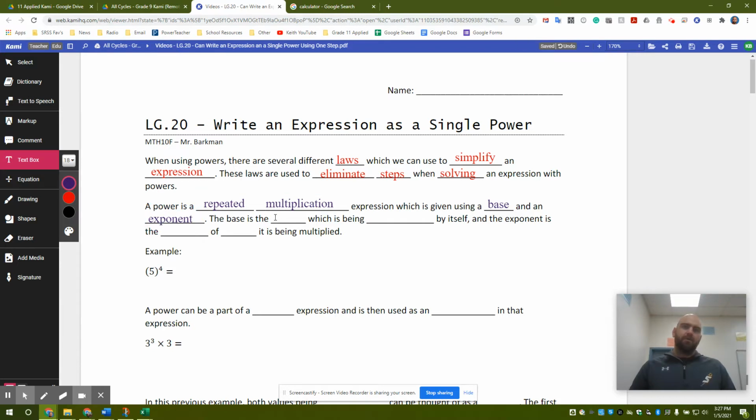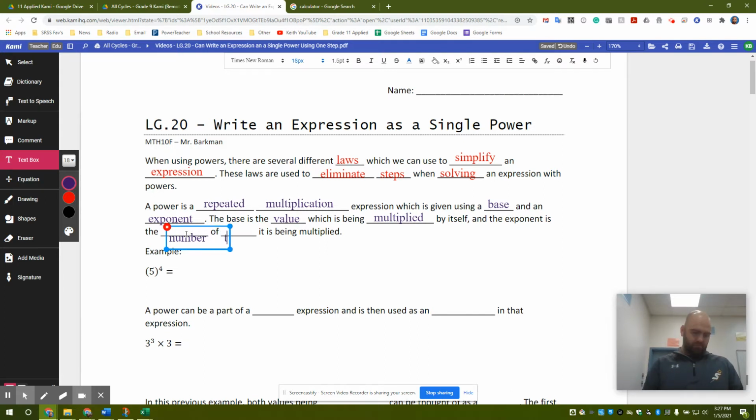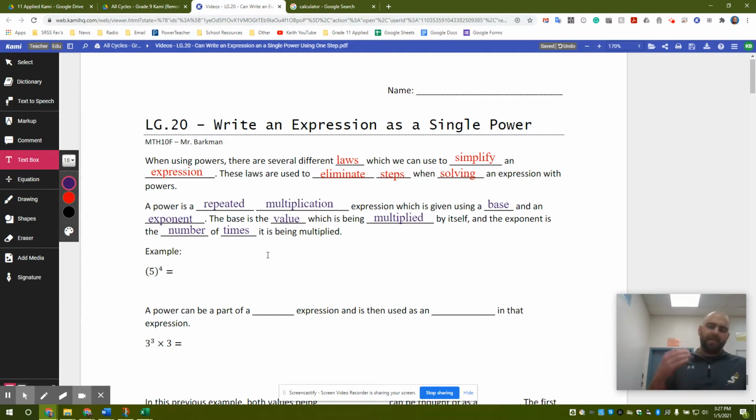When we are using repeated multiplication, remember that the base is the value which is being multiplied by itself, and the exponent is the number of times that it's being multiplied. So we take the base, and we multiply it the number of times that the exponent tells us to.